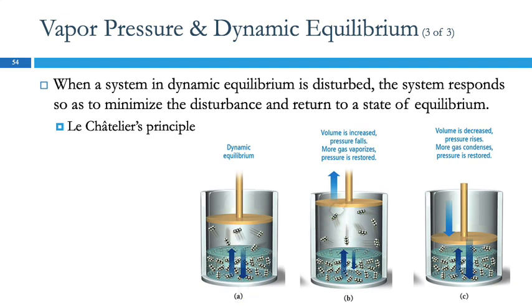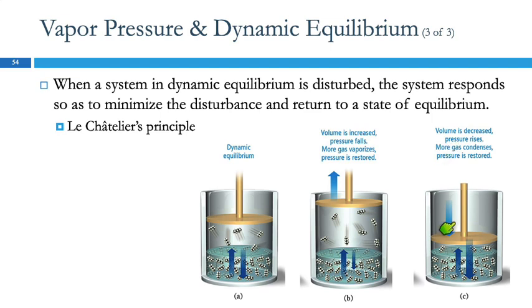If we increase the volume of the gas by pulling up on this lid, the rate of evaporation is going to remain the same, but because the partial pressure here has gotten smaller due to the increase in volume, the rate of condensation is going to be smaller. And so since the rate of evaporation is larger, we're going to see more and more gas molecules appear until again it reestablishes that dynamic equilibrium where the rates are equal.